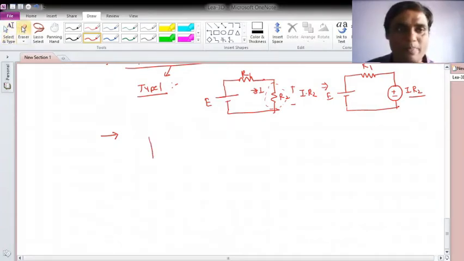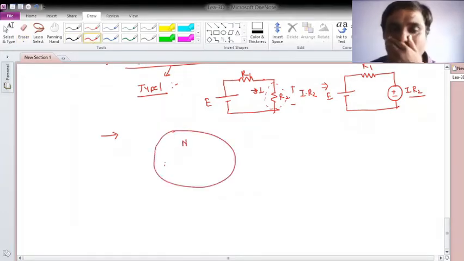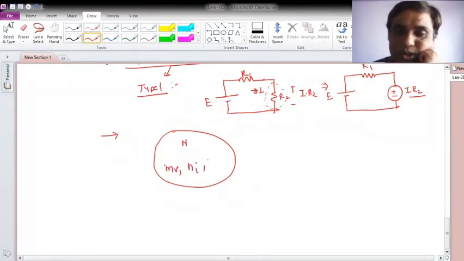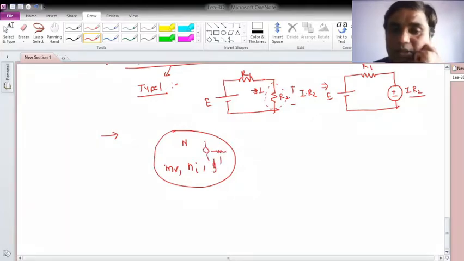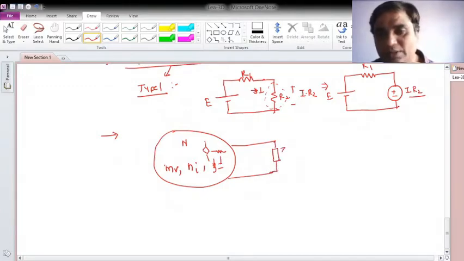Suppose I have a network N, which consists of m number of voltage sources, n number of current sources, there are so many dependent sources, there are resistors, inductors, capacitors, etc. And it is connected to this, and let me call this the load ZL, right?